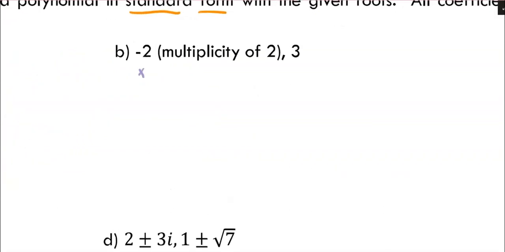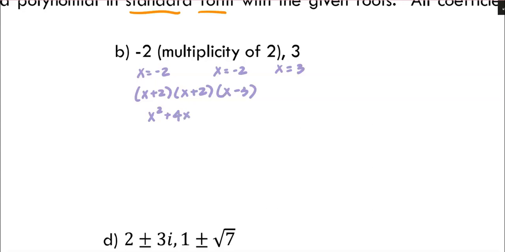Now, multiplicity of 2. So that means x equals -2, x equals -2, x equals 3. So that's x plus 2, x plus 2, x minus 3. So that's x squared plus 4x plus 4. Multiply that by x minus 3.